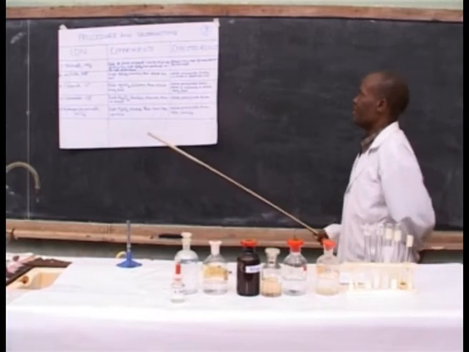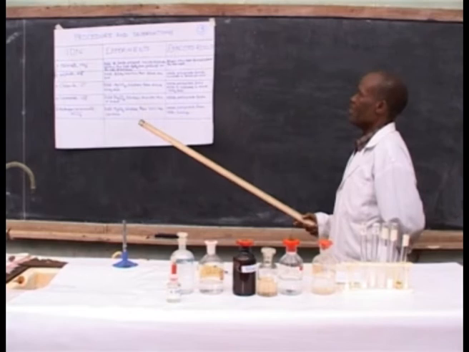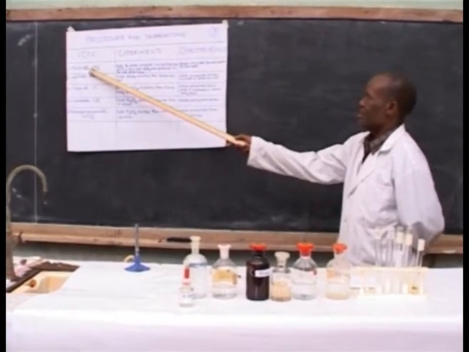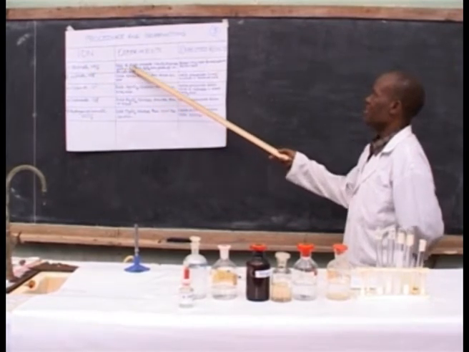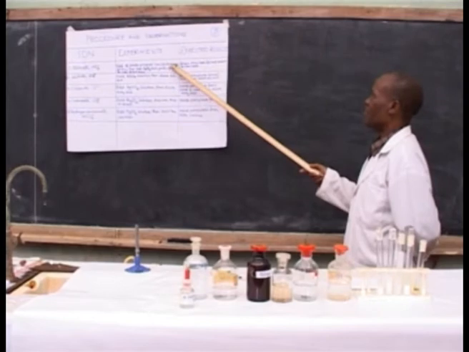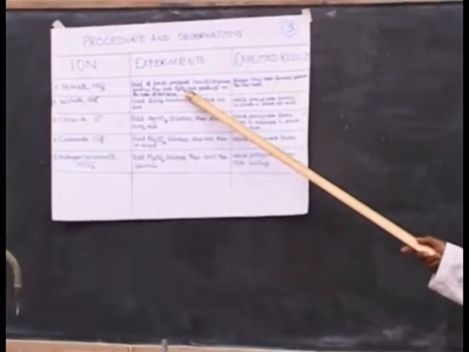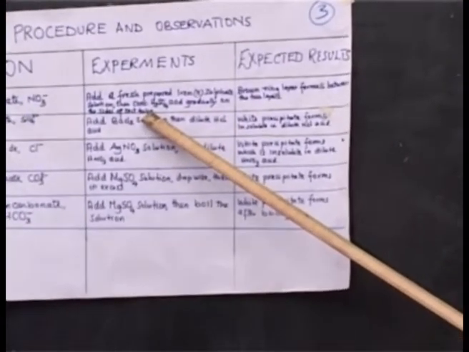Expected results and observations were as follows. To confirm nitrate ions, add freshly prepared iron(II) sulfate followed by concentrated sulfuric acid gradually on the sides of the test tube.